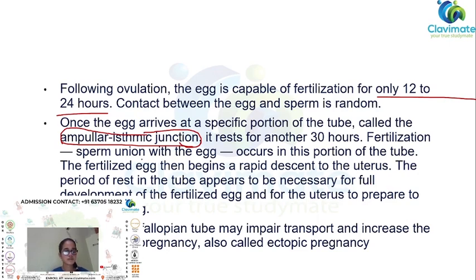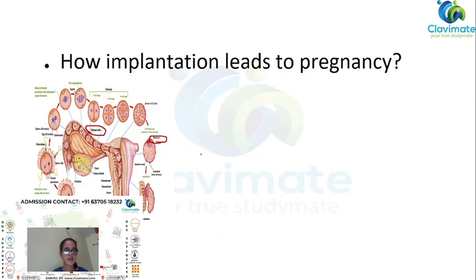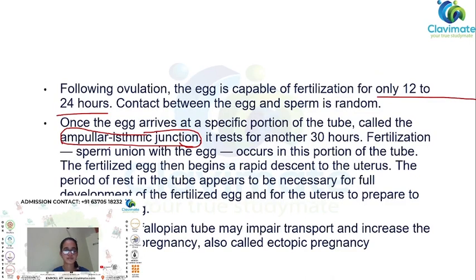The fertilized egg then begins a rapid descent to the uterus. As I mentioned in the earlier slide, after fertilization it descends into the uterus for implantation.